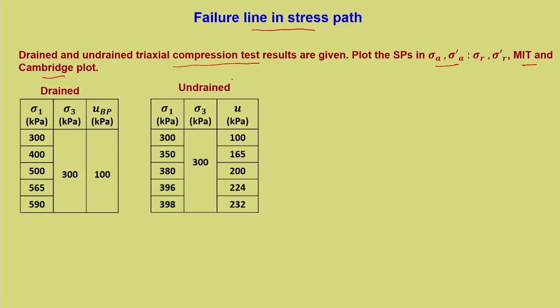And the undrained test results are given. Again there is an increase in sigma 1 and sigma 3 is constant, and at every instant of loading we have the pore water pressure as well. So this is the preliminary data which is given.